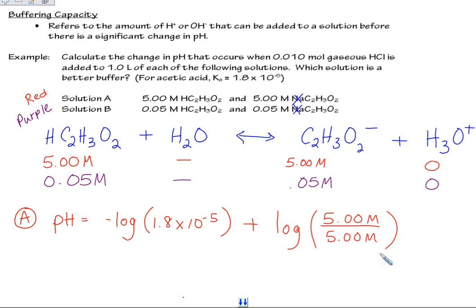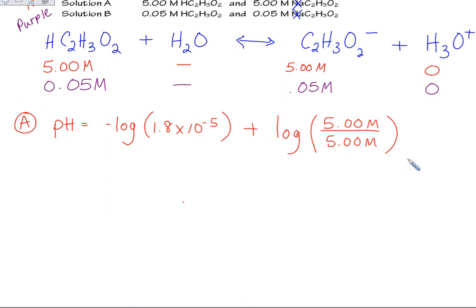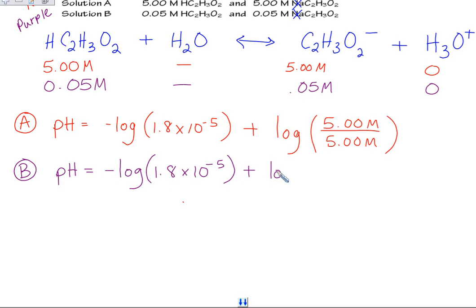And then I can do the same setup for solution B. Our concentrations are just a little bit different. You might see where this is going. Opposite log of the same Ka plus the log of, what do you know, 0.05 over 0.05.